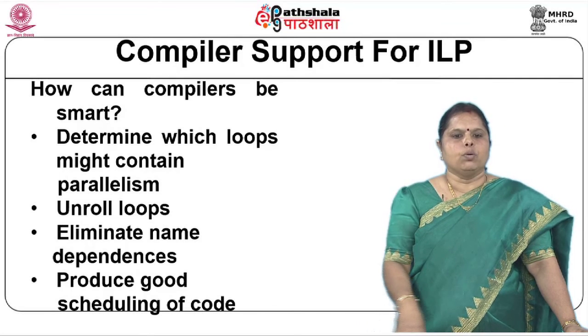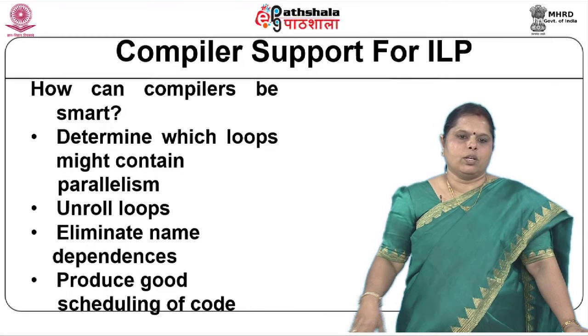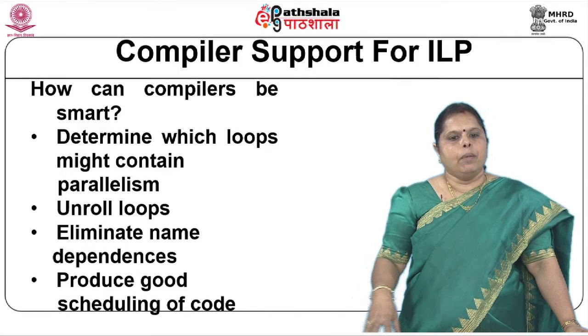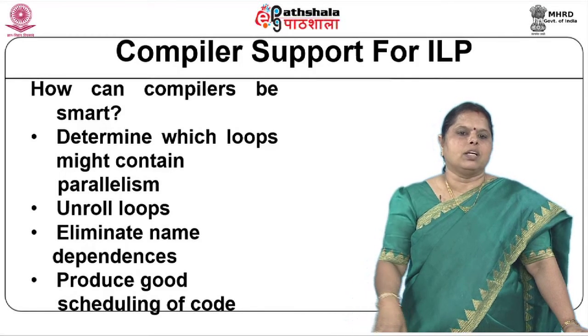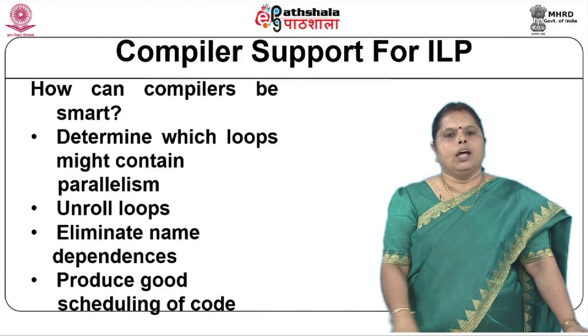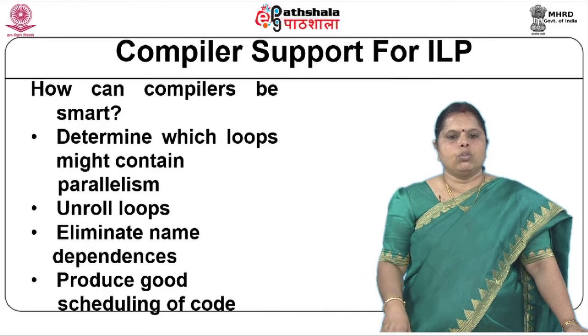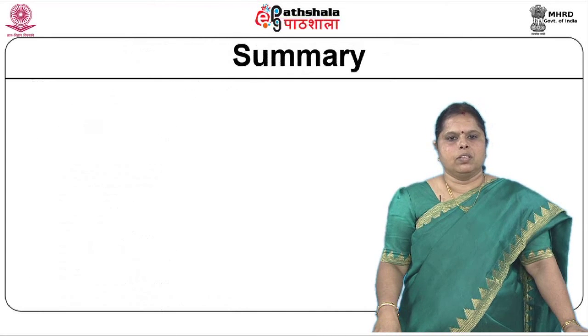Make sure that you remove all the loop maintenance code and appropriately include the loop maintenance code at the end of the iteration. Make any changes to the addresses that the loop maintenance code would have brought in, because you are removing the loop maintenance code. And of course, just unrolling alone will not be enough. You will also have to do a proper scheduling of the code in order to get a stall-free schedule.